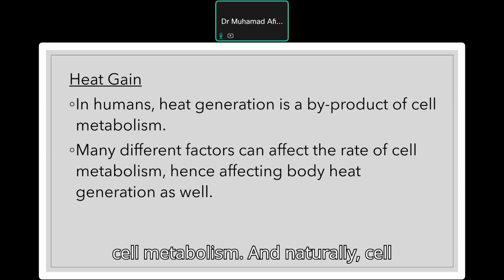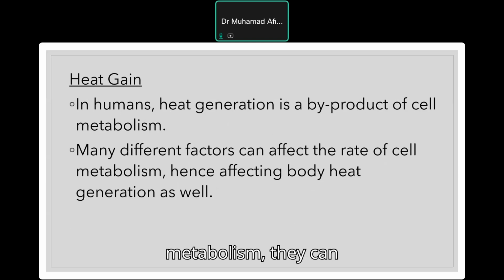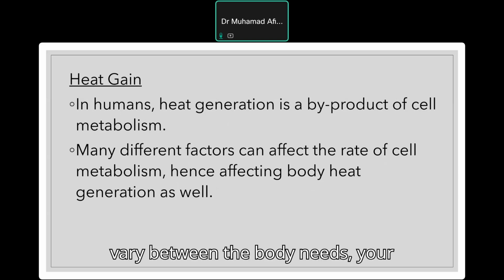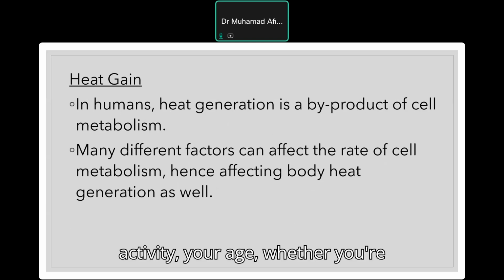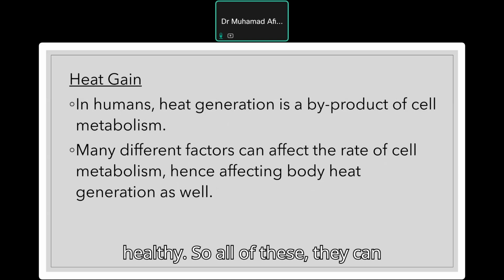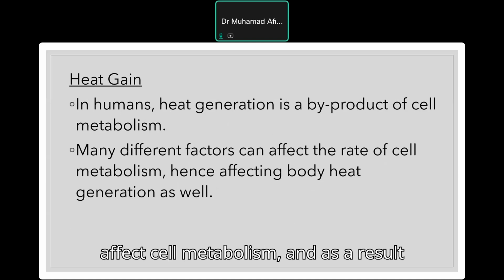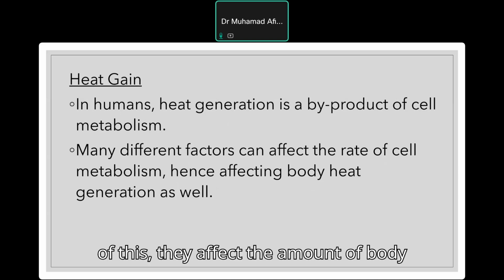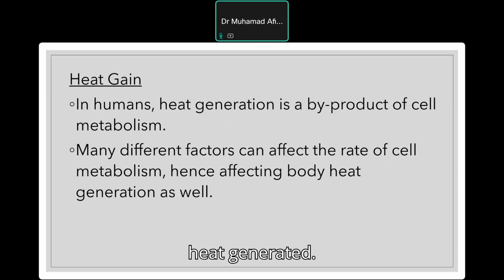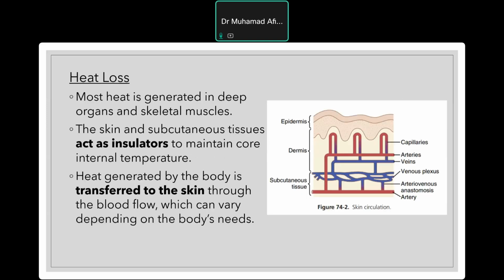Naturally, cell metabolism can vary with the body's needs: your activity, your age, whether you are healthy. All of these can affect cell metabolism, and as a result, they affect the amount of body heat generated.